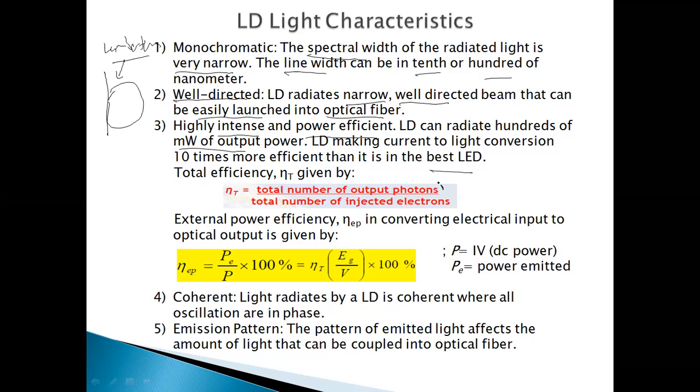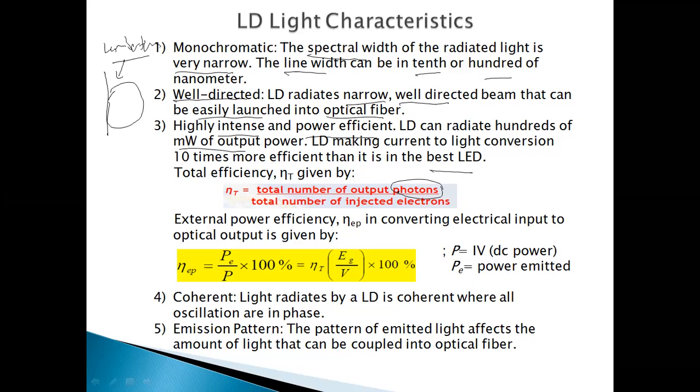About photons, we learned in our lecture before the semester break how photons are generated in the laser diode, which is through stimulated emission and also spontaneous emission.